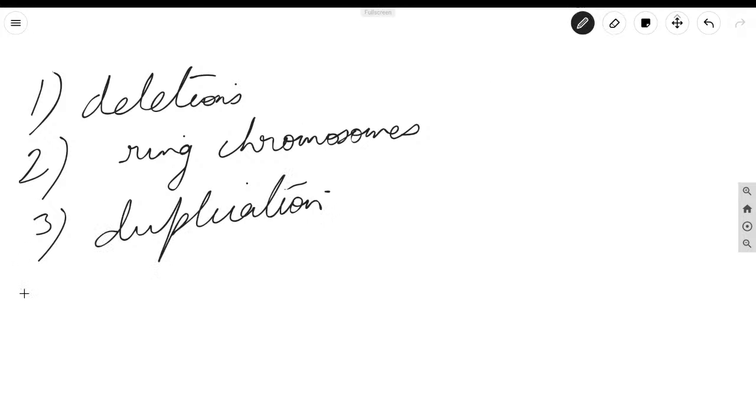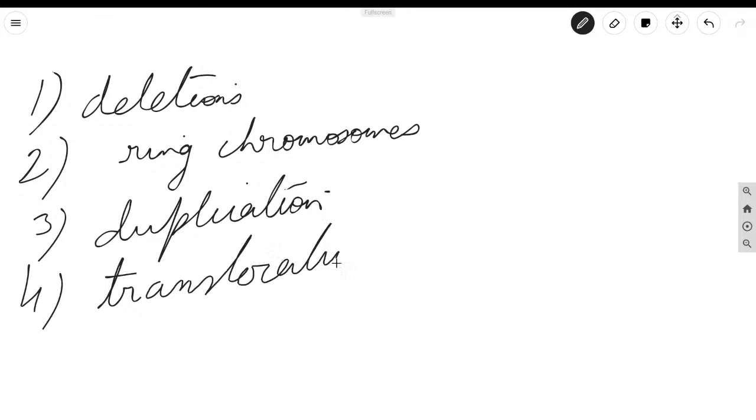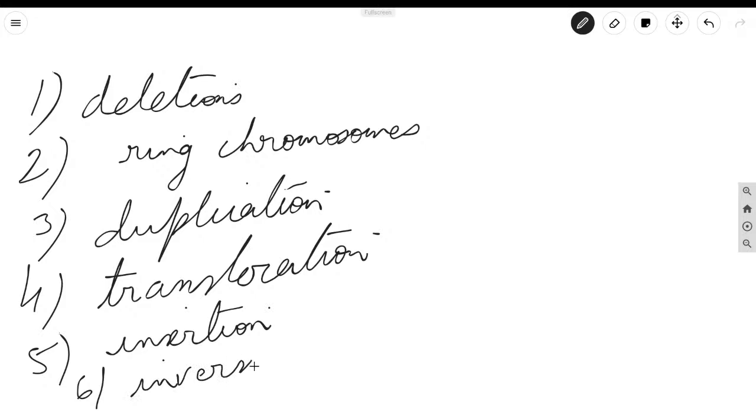Multiple things can happen. Then it could result in insertion, then inversion. All these things can happen due to the result of certain damages, unequal crossing over and all.